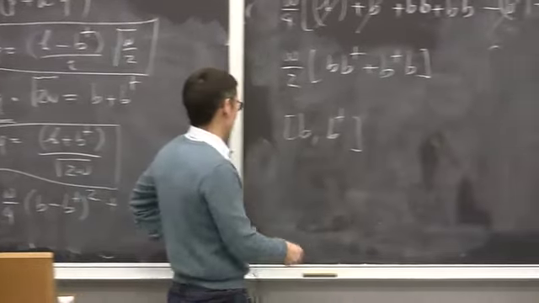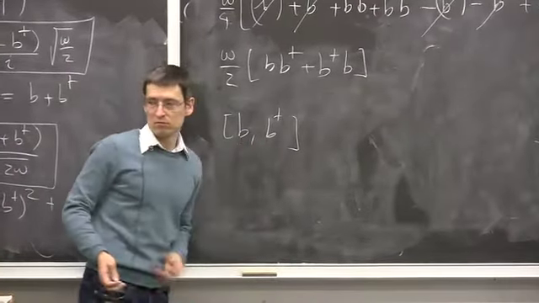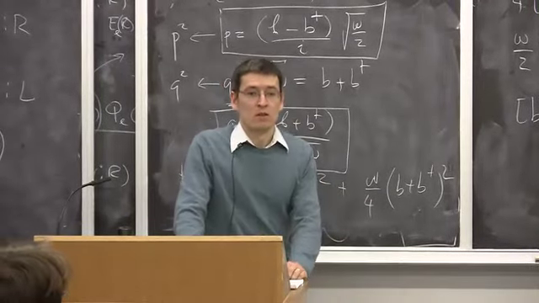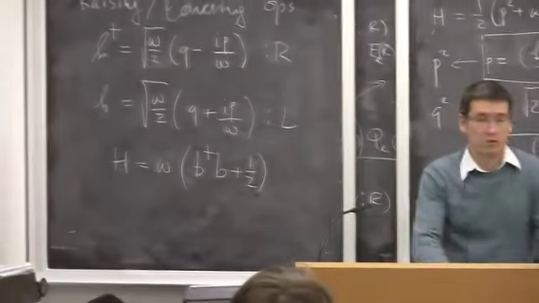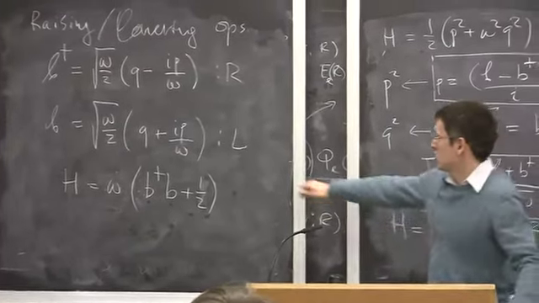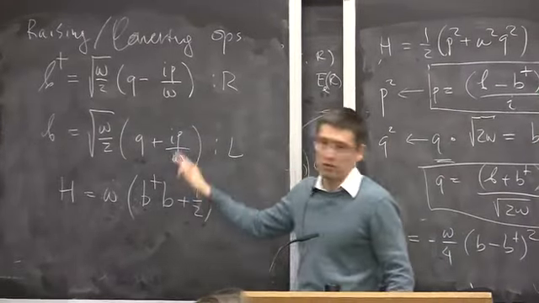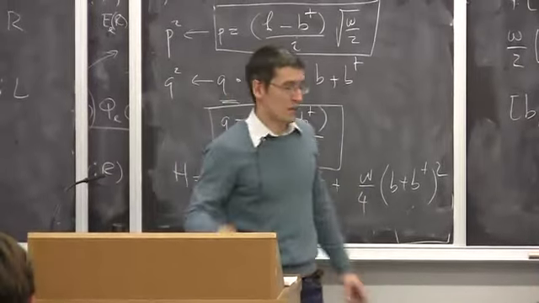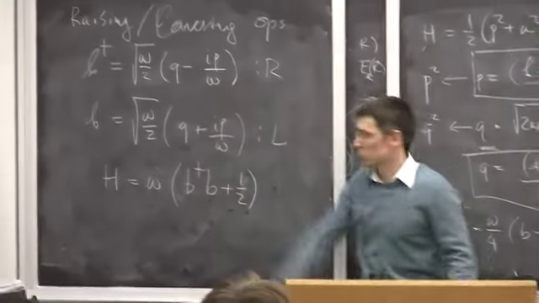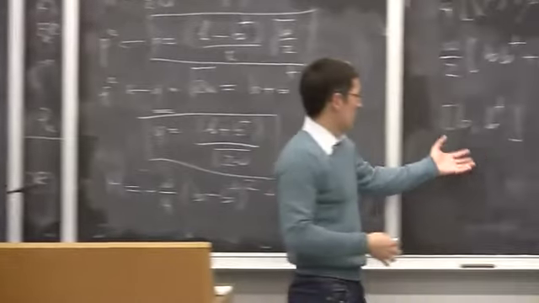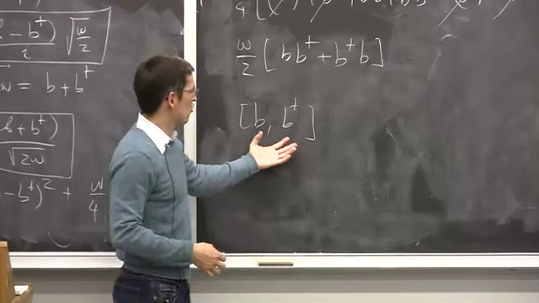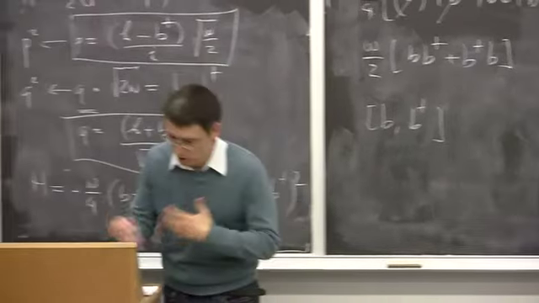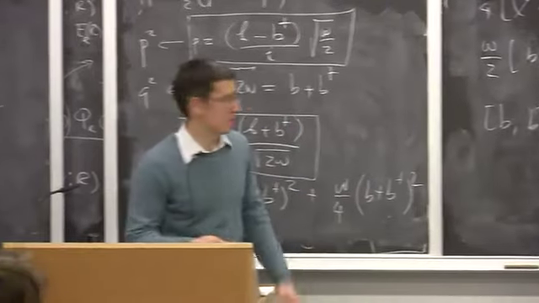What commutators would contribute? Why don't they commute? Well, just look at the definition, right? What do b and b dagger have? They have position and momentum, right? So position and momentum, they don't commute, and they have them in a different way. So the non-commutativity of b and b dagger comes from the commutation relation between the position and momentum, right?